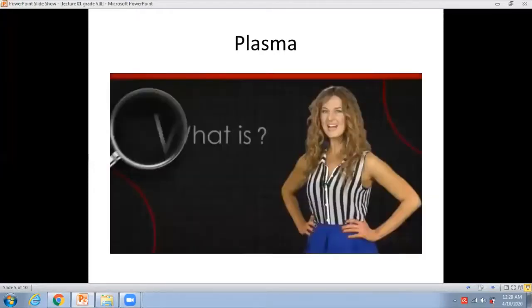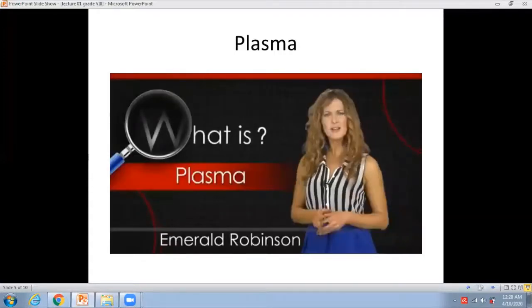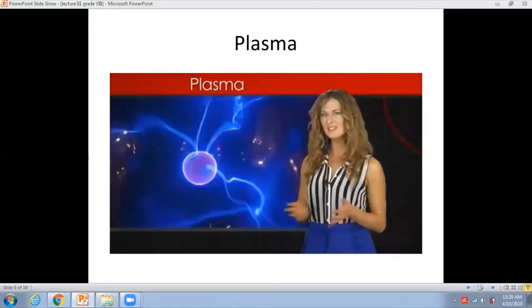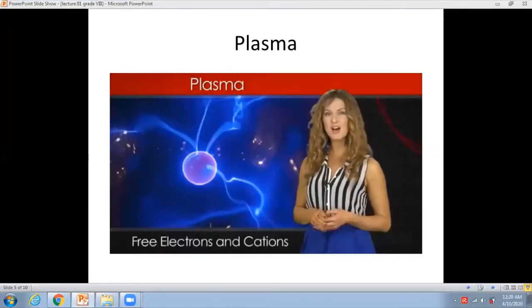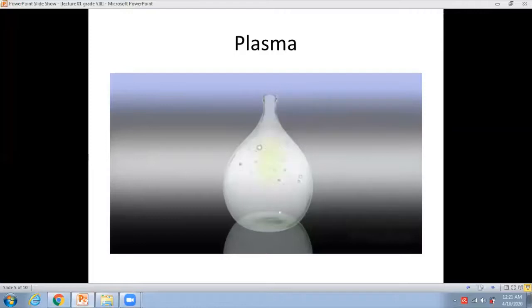Hi, I'm Emerald Robinson, and in this What Is video, we're going to investigate the state of matter called plasma. Plasma is the state of matter that consists of a mass of free electrons and positively charged particles called cations mixed together. Plasma has neither a specific shape nor a consistent volume. In other words, plasma can easily flow into and take the shape of a container and will expand, redistributing itself to evenly fill that container.